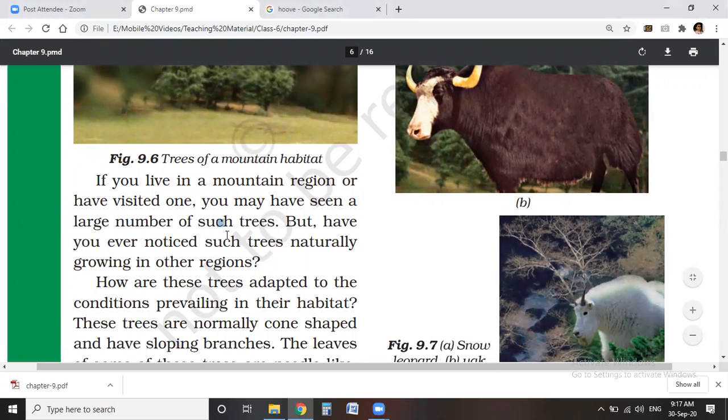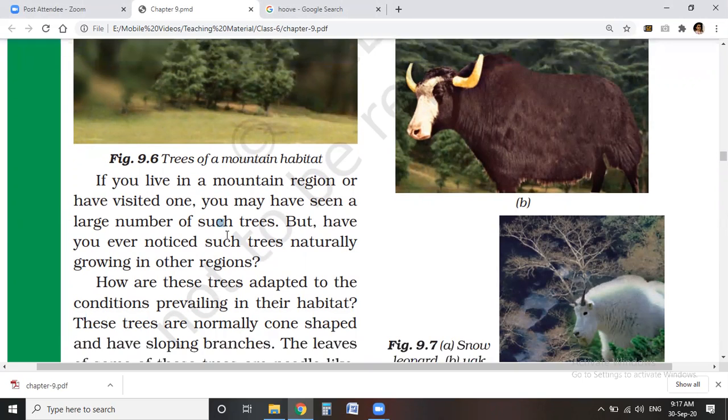Different types of plants you also see in the mountain regions, and when you go up on the mountains, you see different varieties of plants. Is there a question raised? Have you ever noticed such types of natural plants growing in other regions?